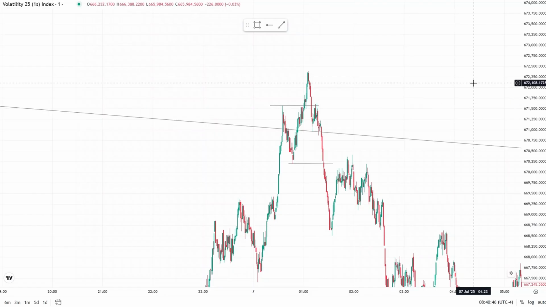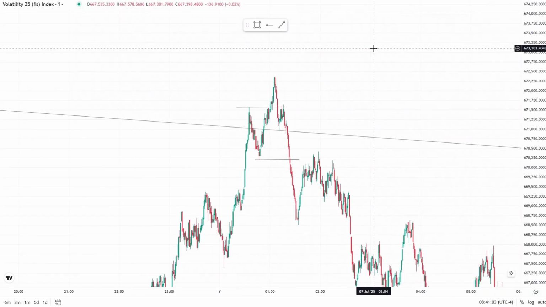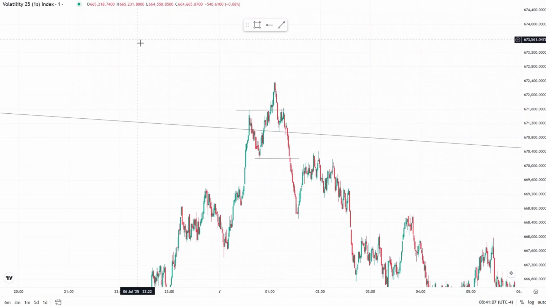So this is where me going to a higher time frame plays a big role, because now I'm able to understand if this is a red flag for me, or just a way to complicate things for me. So how do I simplify it? How do I filter that delay out?